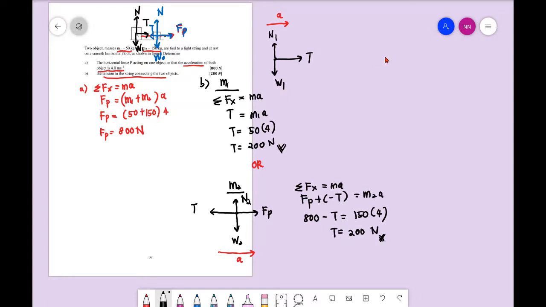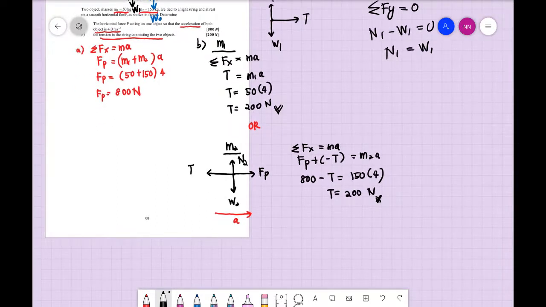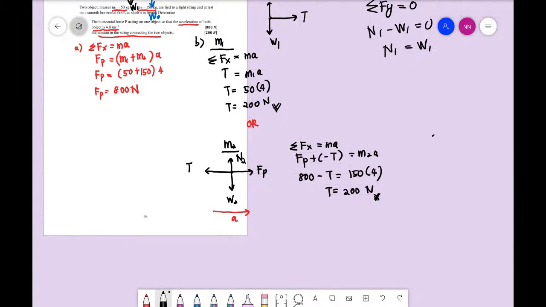Net force Y for M1 equals 0, so N1 minus W1 equals 0. So N1 equals weight 1. And for M2, net force Y equals 0, so N2 minus weight 2 equals 0, and N2 equals weight 2. So normal force for M1 is not equal to normal force for M2.